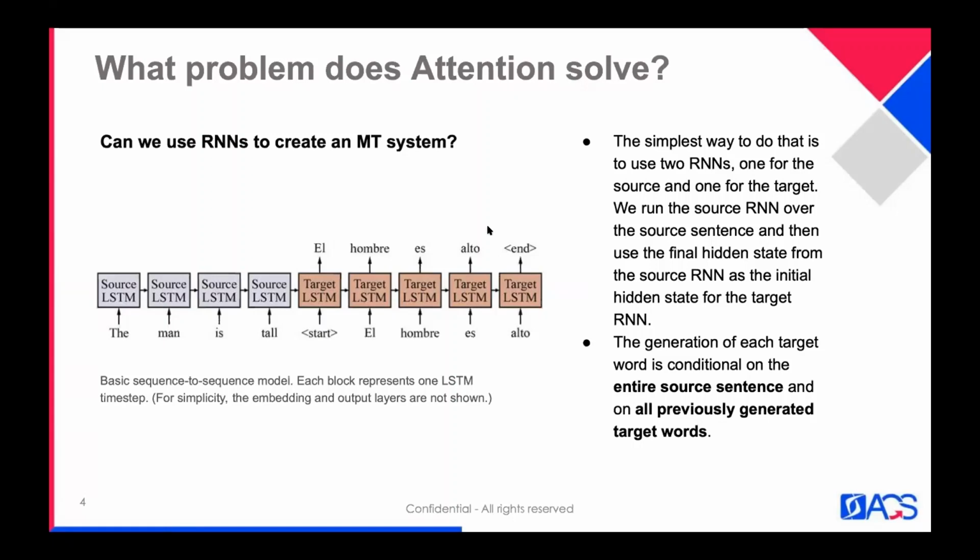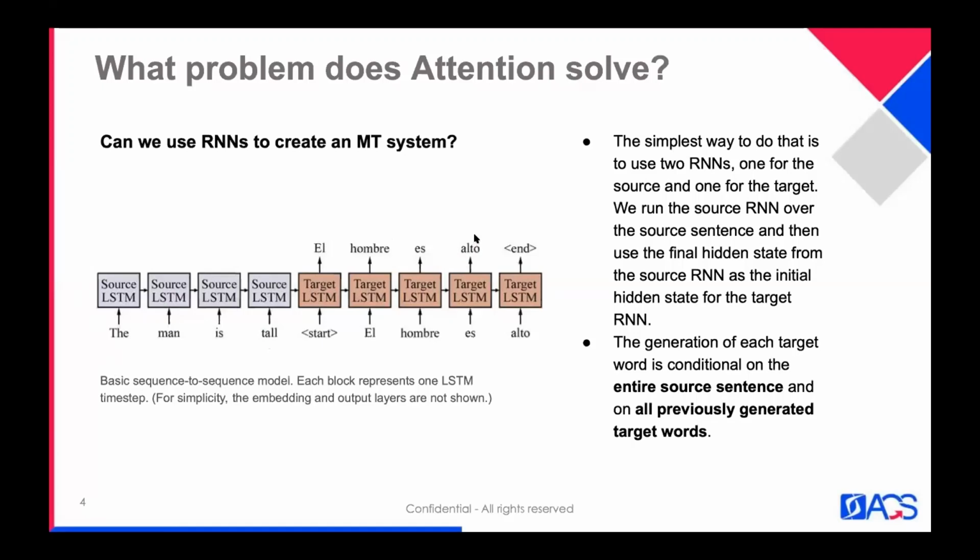So let's suppose that we don't know anything about transformers and attention. Maybe the simplest way to do that is to consider a very basic sequence model with two different RNNs, one for encoding the source sentence, and one for decoding and getting the final sentence.